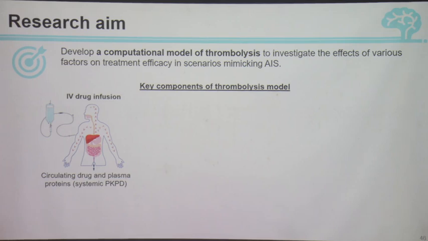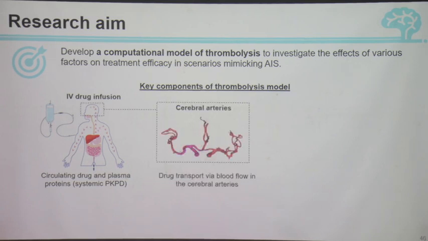Mathematically, it's not difficult to solve because these are ordinary differential equations. That provides the circulating drug and plasma protein concentrations that we can use when we develop the localized models. The localized model needs to consider blood flow in the cerebral vasculature, and it needs to model the drug transport within the vasculature.